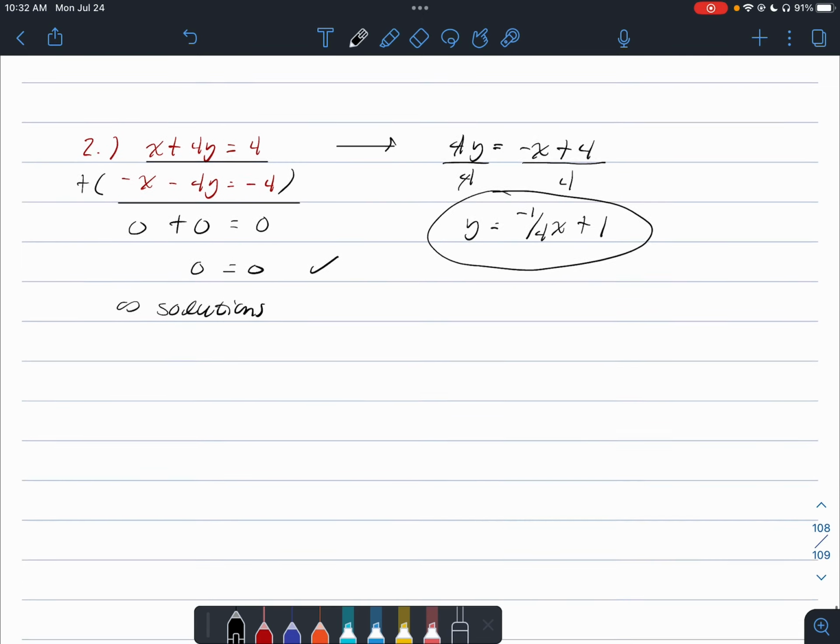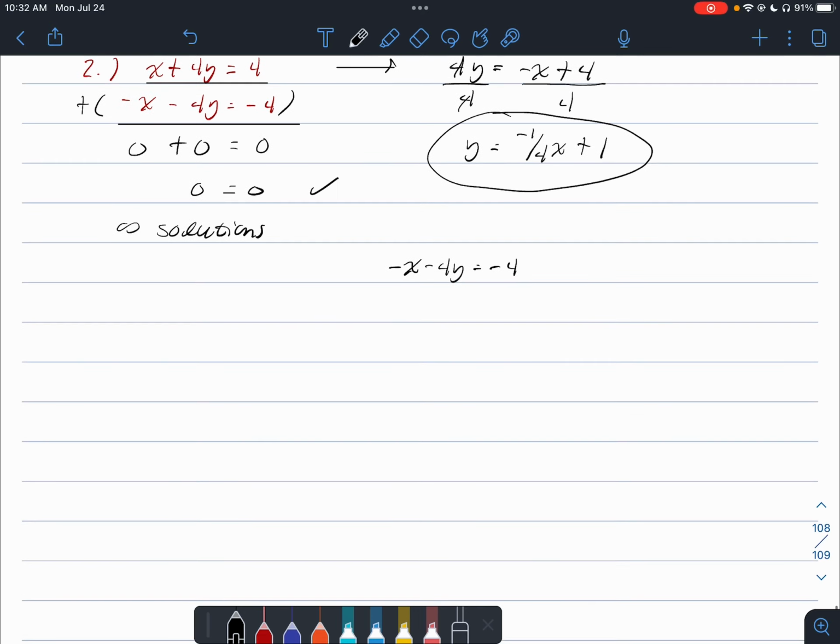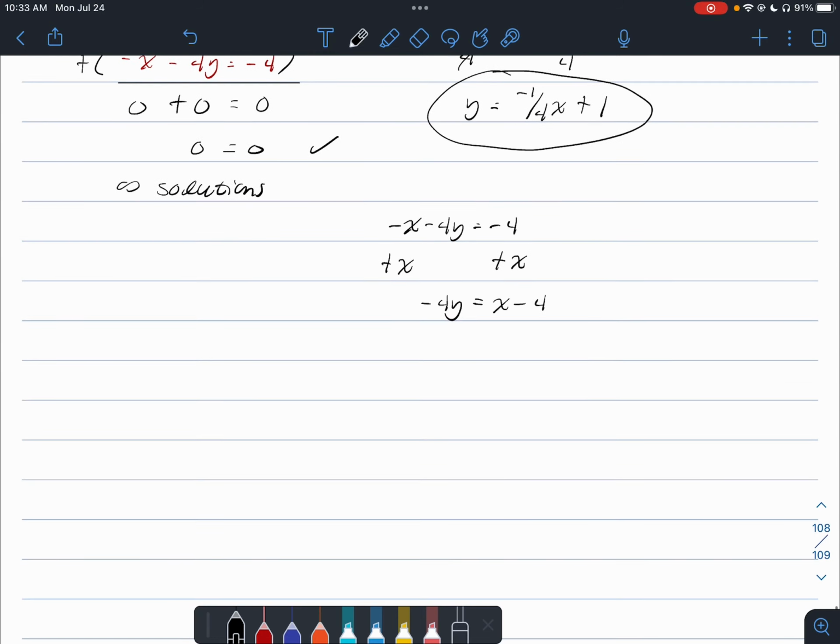If you want to check the other one, we can go ahead and do that too. Let's see if we can solve the other one and get it into this equation as well. So we have negative x minus 4y equals negative 4. Let's add x to both sides, and we'll end up with negative 4y equals x minus 4.